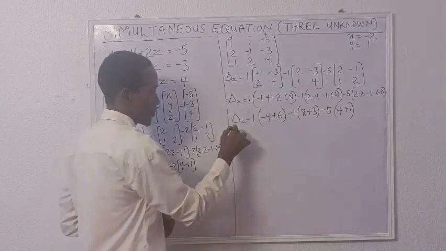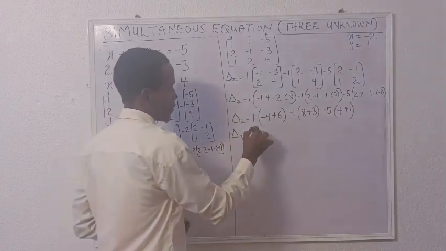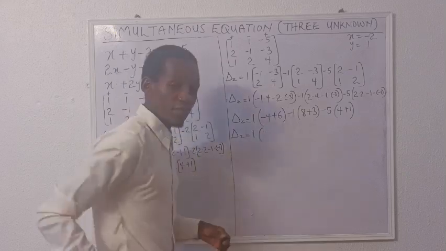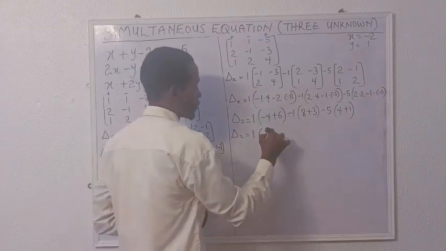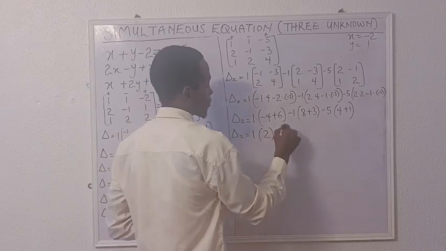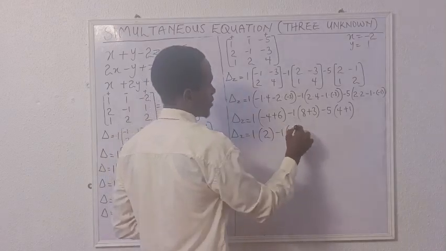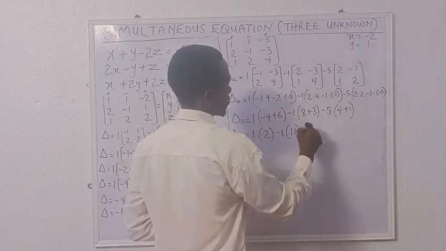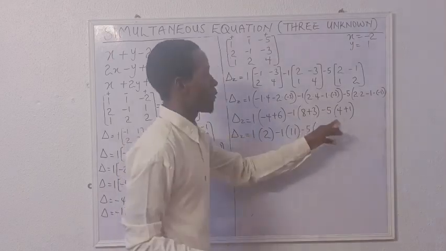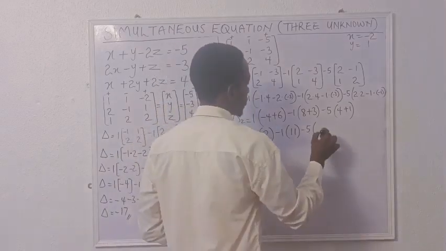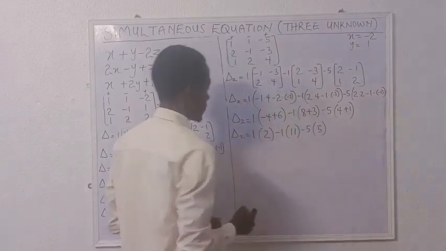Then we continue for my delta z. 1 bracket minus 4 plus 6 will give me 2. Minus 1 open bracket 8 plus 3 is giving me 11. And minus 5 bracket 4 plus 1 is giving me 5.